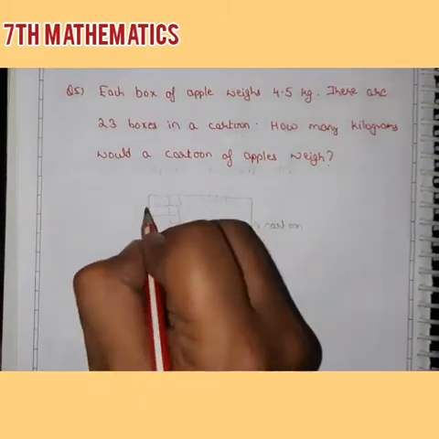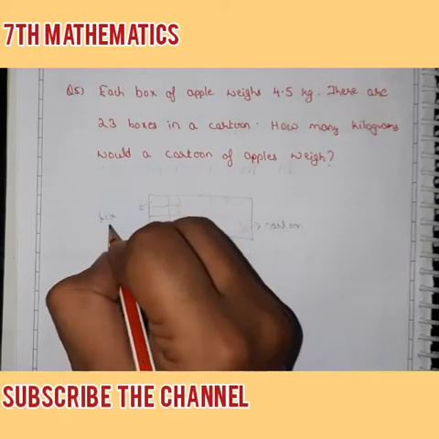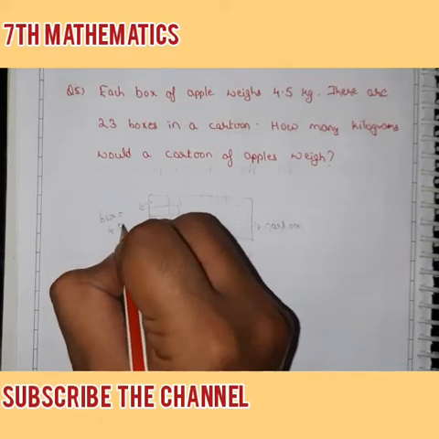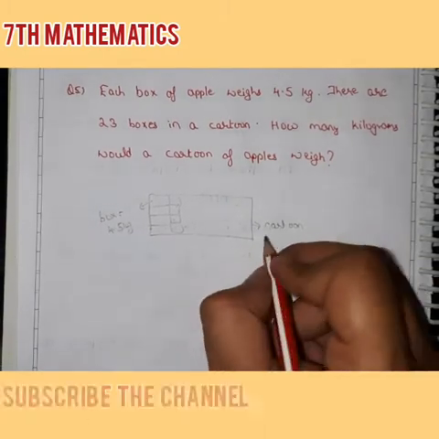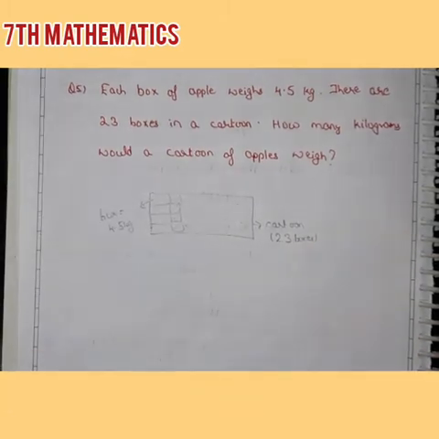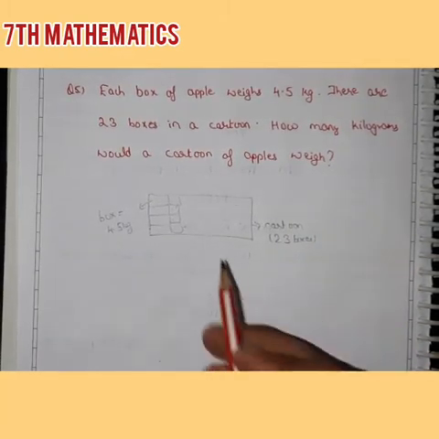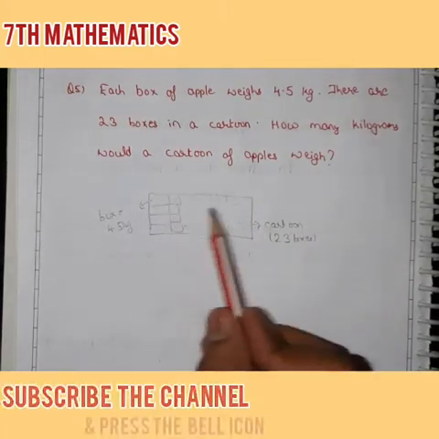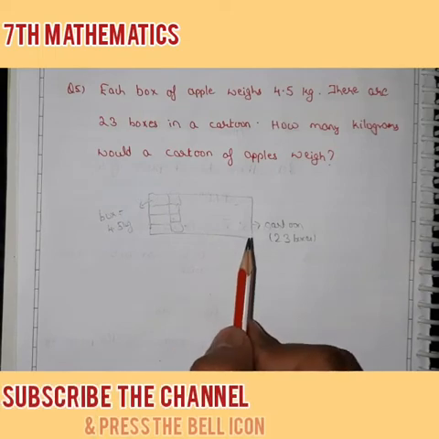Now each box, it weighs how much? 4.5 kg. A carton in which there are a total of 23 boxes, in which each box weighs 4.5 kg. So it's asking how much the total carton will weigh. That means the weight of the whole carton will be how much.